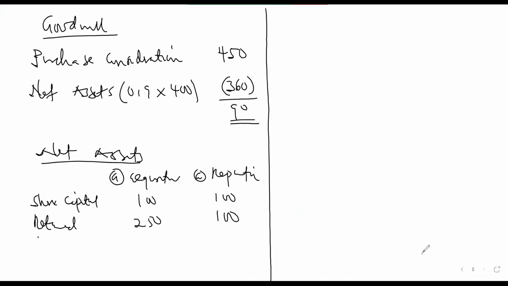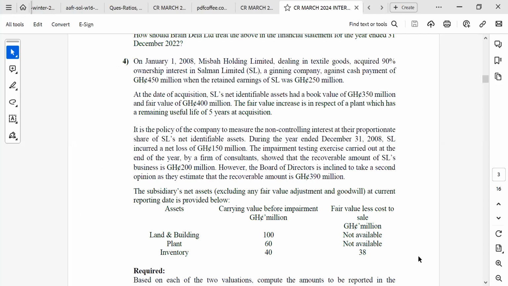We have a fair value adjustment, which is plant. The plant will be 50 at acquisition. But at reporting, what will be the carrying value of the plant?